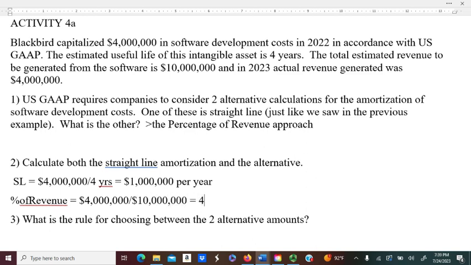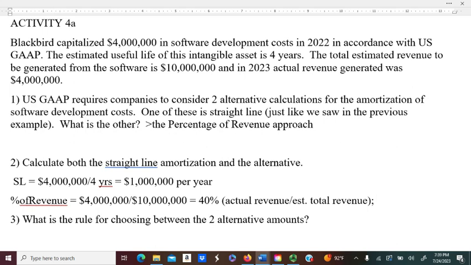So that is 40%. So 40% is my percent of revenue. You see that? That was actual revenue divided by estimated total revenue.